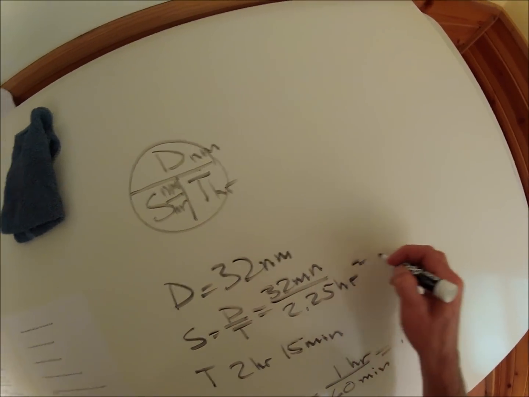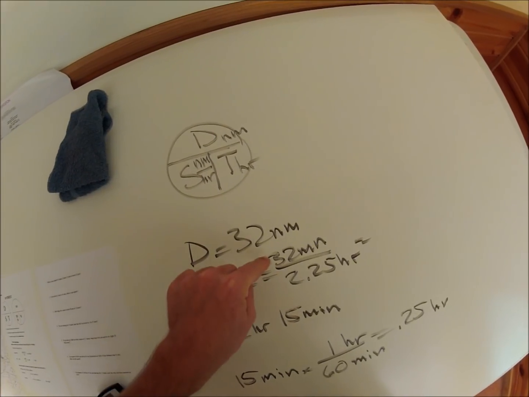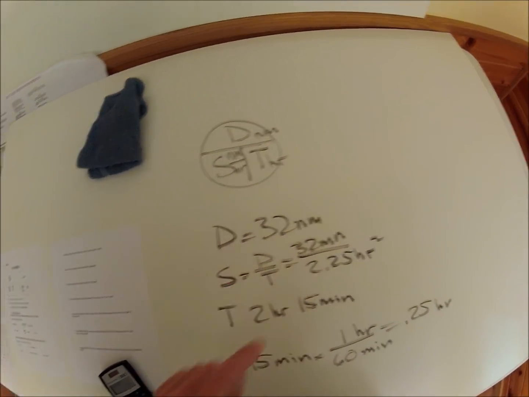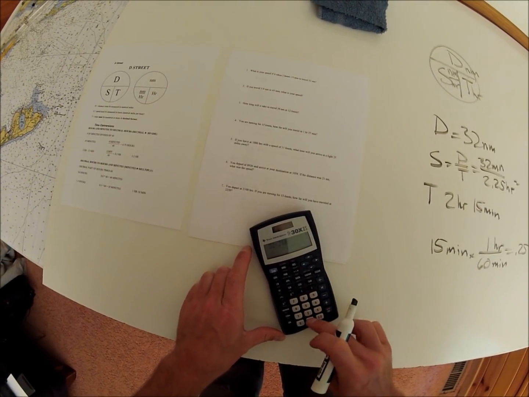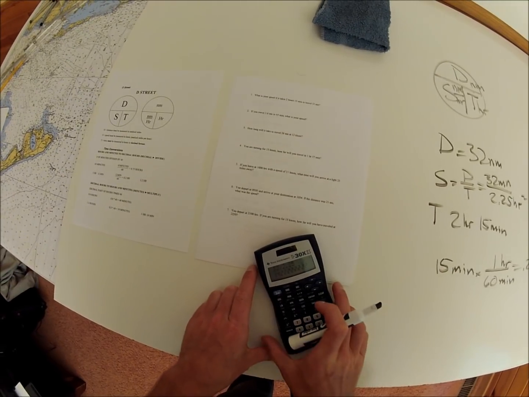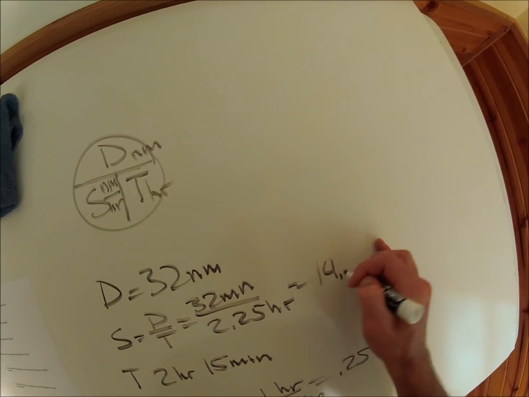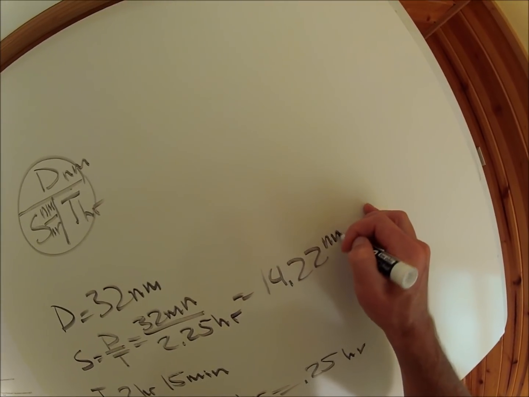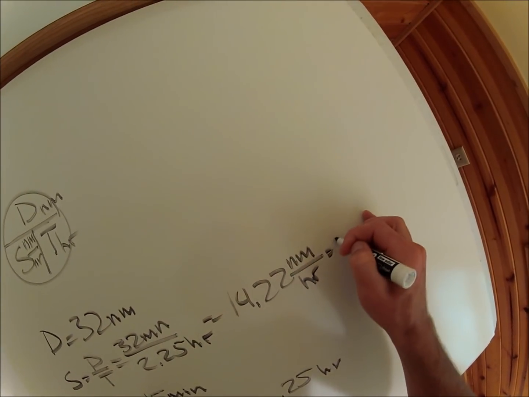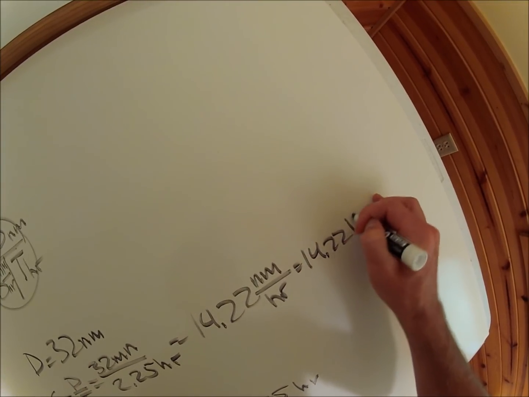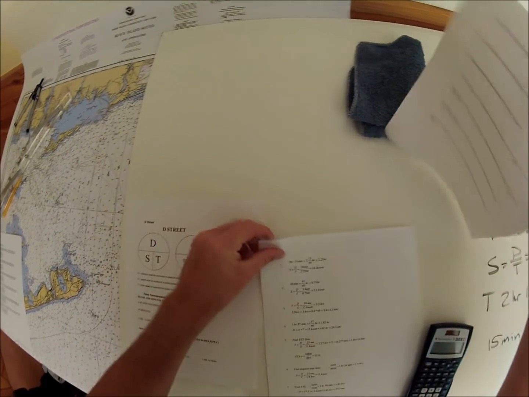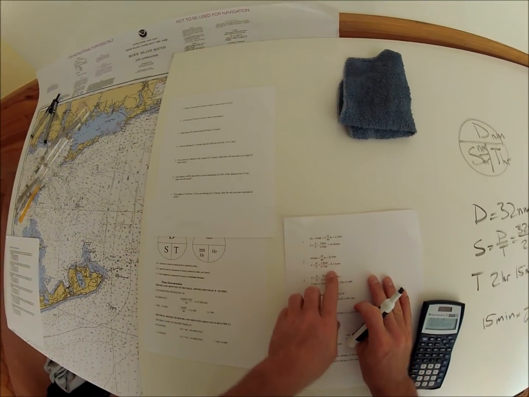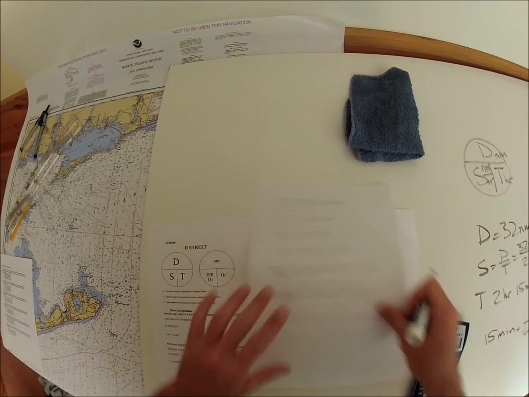So speed equals distance over time, 32 nautical miles divided by 2.25 hours. 32 divided by 2.25 equals 14.22 nautical miles per hour, or 14.22 knots, right? Nautical miles per hour is knots. Let's check. 14.2 is the answer to 1. All right, let's keep going.